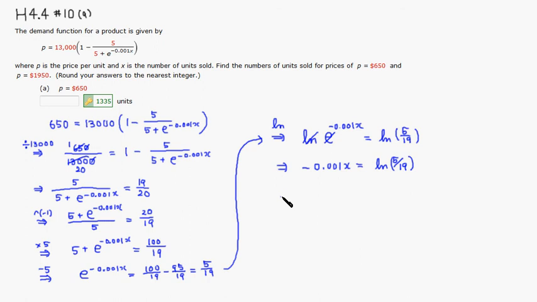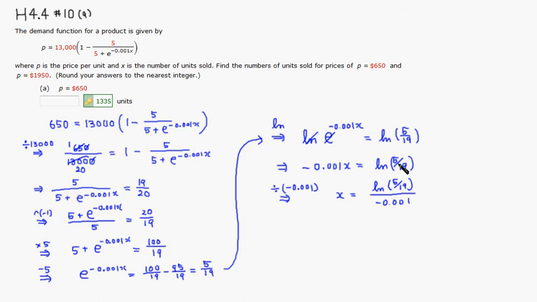We can simply divide through by negative 0.001 to isolate x. So x is equal to the natural log of 5 over 19 divided by negative 0.001.